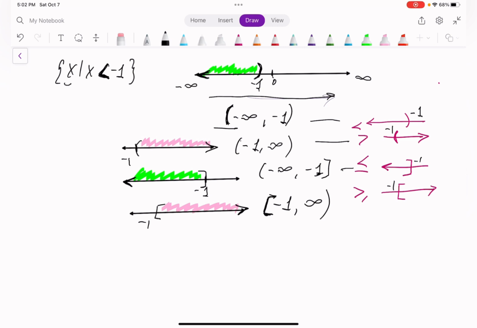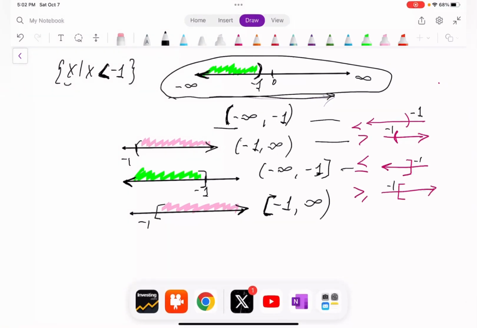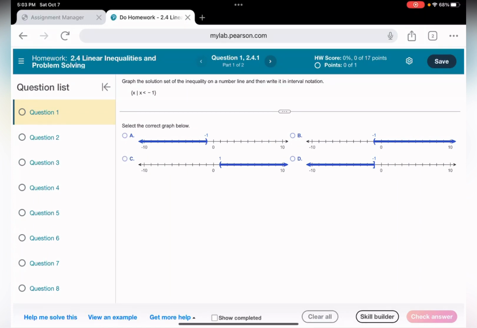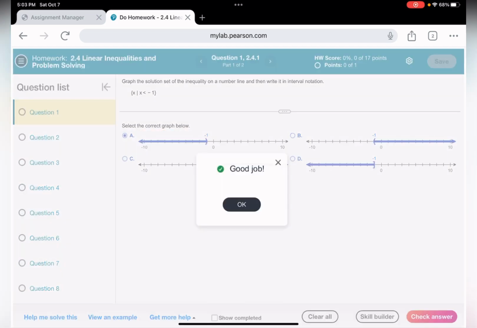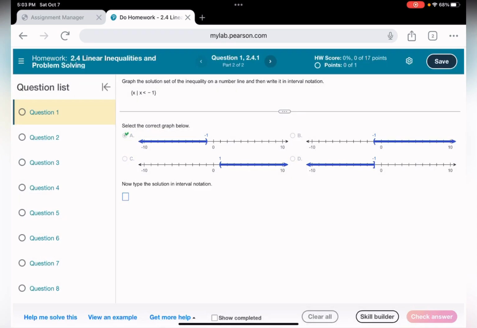All right, so this is going to be our answer for the first question. So let me see which one it is. Parentheses this way. Okay. Good job. Next question.